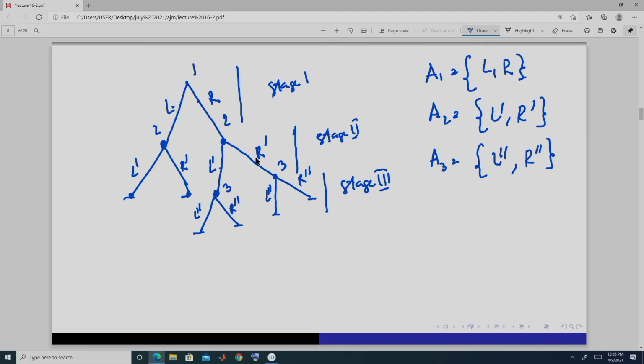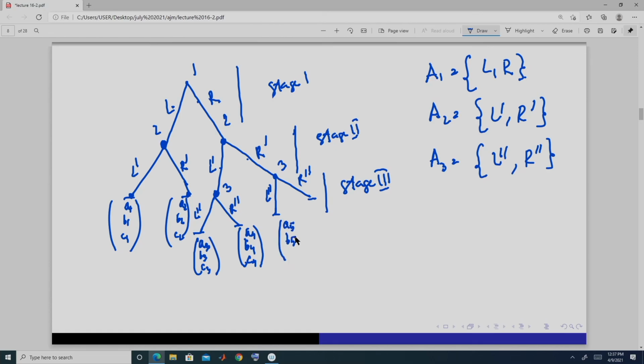So, all this, and we specify the payoffs here, suppose A1, B1, C1, A2, B2, C2, and this is A3, B3, C3, and this is A4, B4, C4, and this is suppose A5, B5, C5, and this is A6, B6, C6.